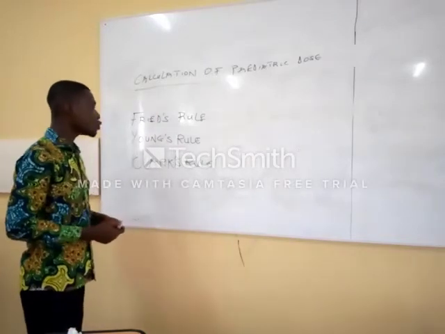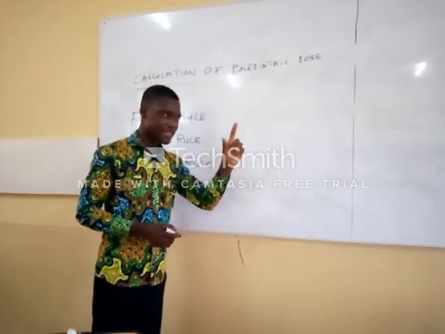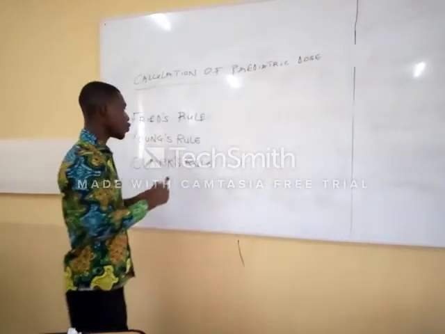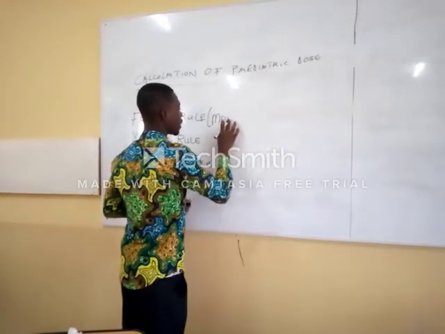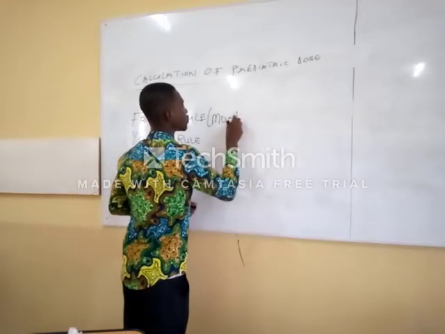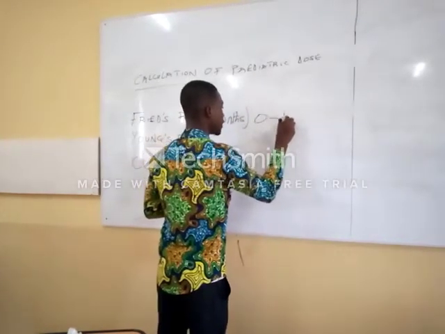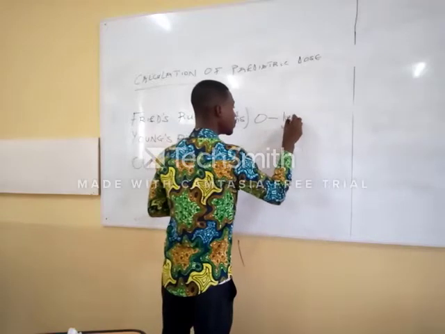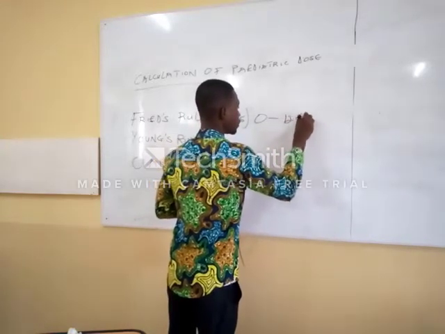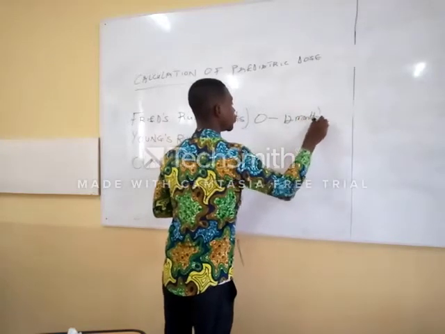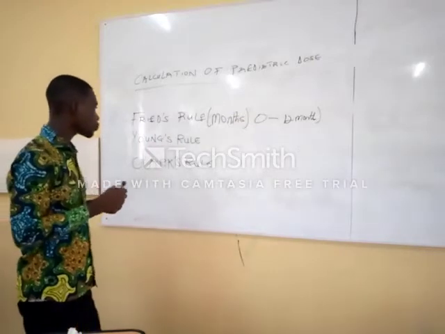Fried's rule deals with the age in months. So this one is in months. Let's say a child of 0 to 1 year, or 0 to 12 months. 12 months is equal to a year.